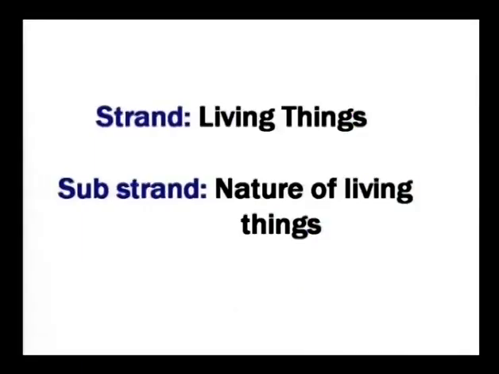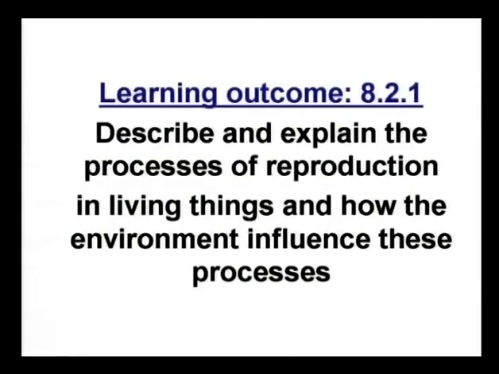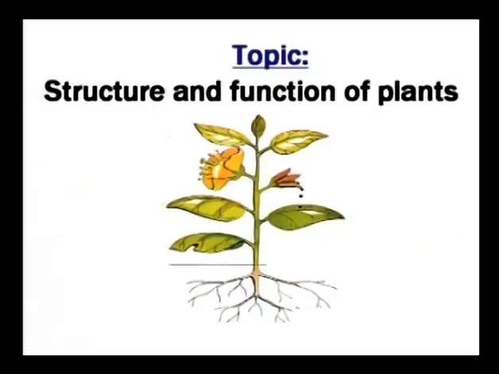Now, receiving teachers, we are still on the same strand and substrand, living things and nature of living things. Our learning outcome is 8.2.1, and the topic for today's lesson is structure and function of plants. In your previous grade, you have learned about plants, and you are used to this word, parts of the plant.